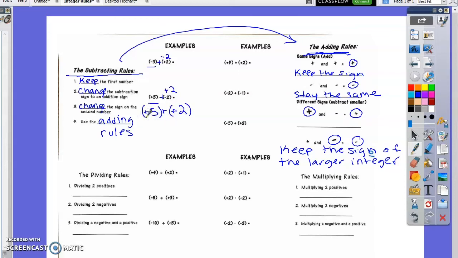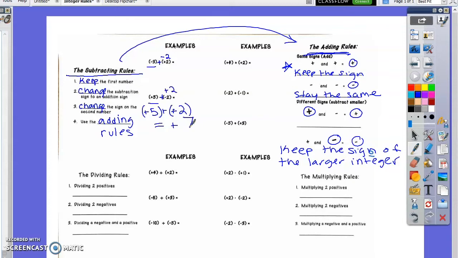We have +5 plus +2. Now we come over here and we look at the adding rules. If we have a positive and a positive, we know that it's going to result in a positive. Now, the last thing you need to do is 5 plus 2. And we know now that 5 plus 2 is 7. So positive 5 plus positive 2 equals positive 7.